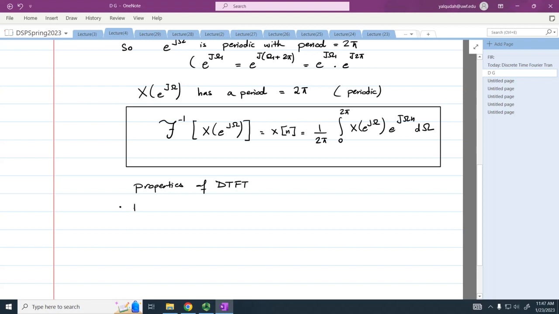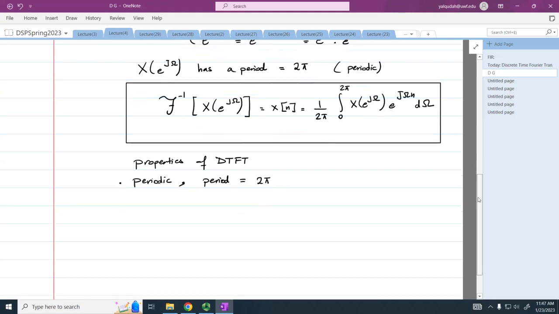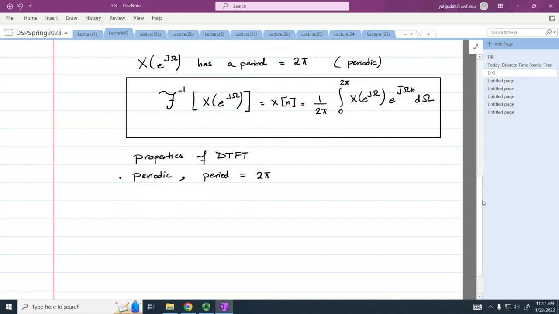The first property that we said is that it is periodic, and it has a period equal to 2 pi. Another property is that X of e to the j omega is complex.